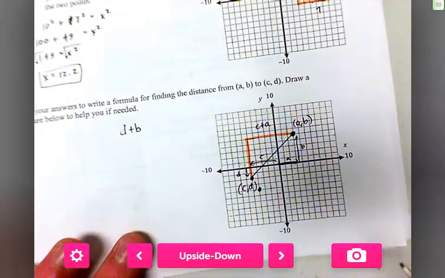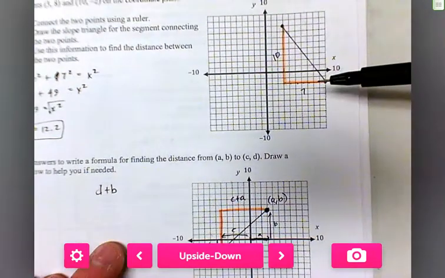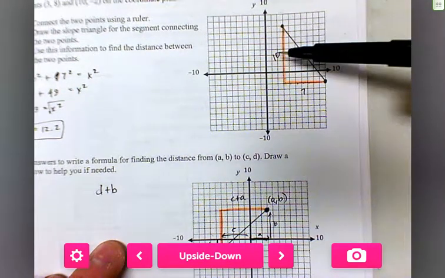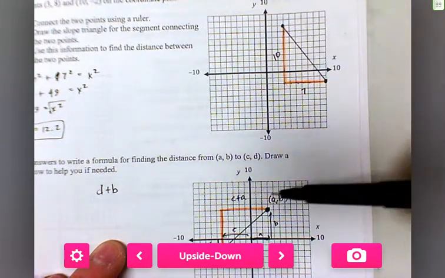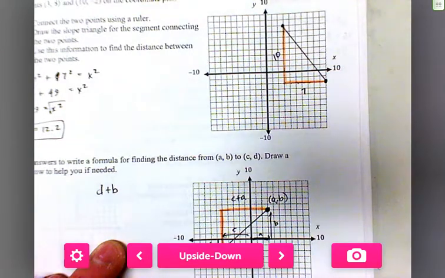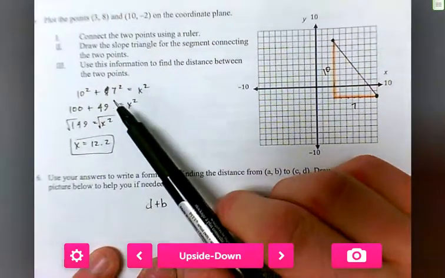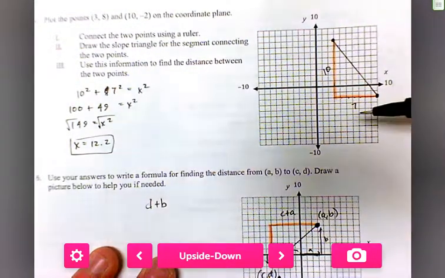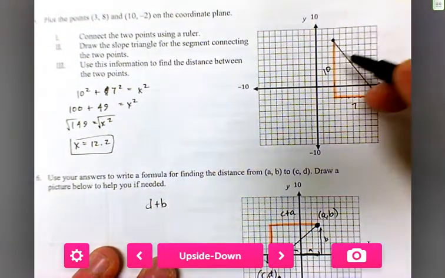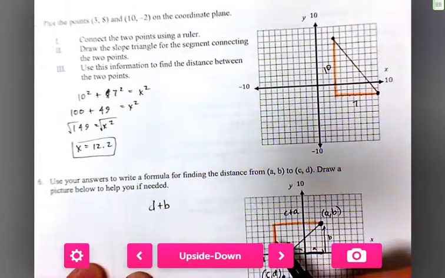Okay, so what did we do? What did we do with our two side lengths before to get the answer? You remember this? We plugged them into the Pythagorean theorem. We plugged these two legs into the Pythagorean theorem. Good. So we're going to do the exact same thing.